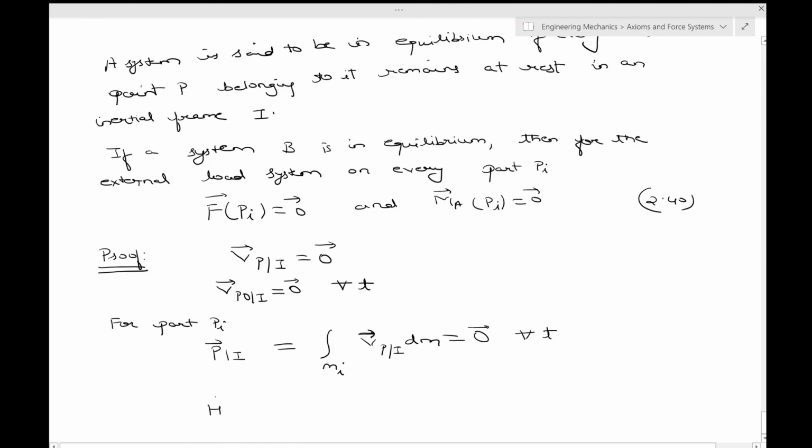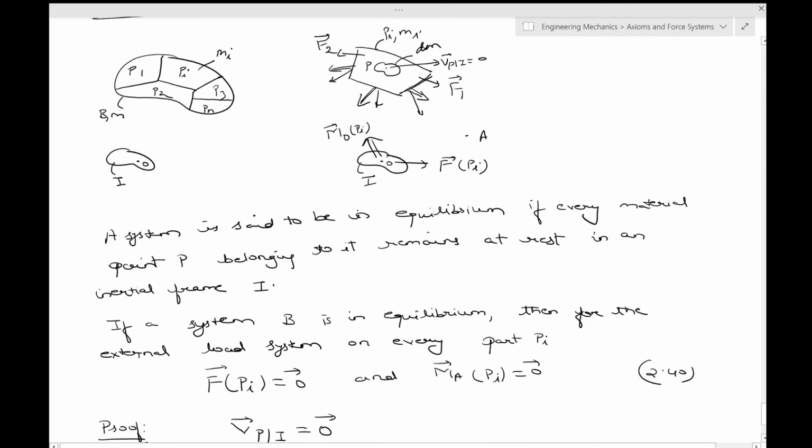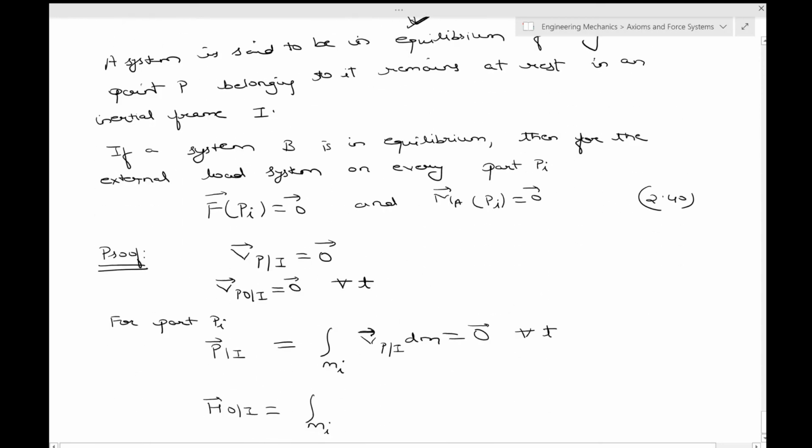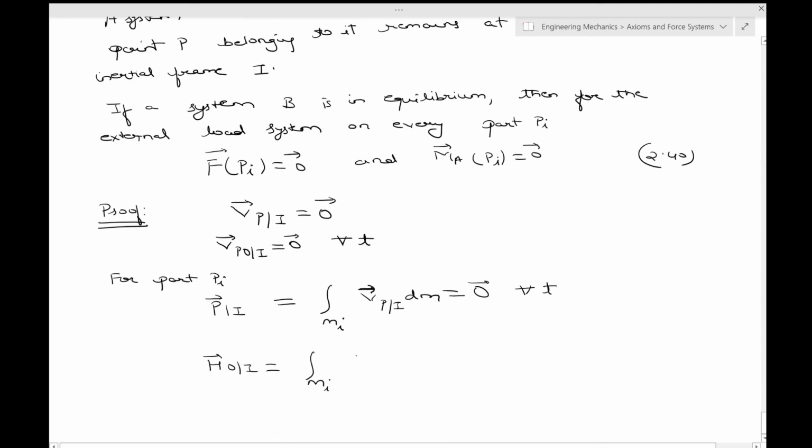Similarly, HO in the I frame is the integral, integrated over this small part Pi which has a mass Mi. So that's why the integrations are over Mi. This will have RPO in I cross VPO in I dm.